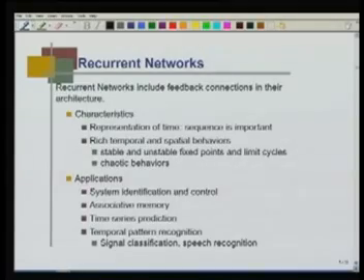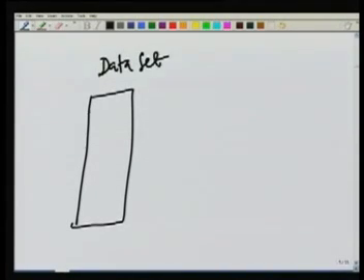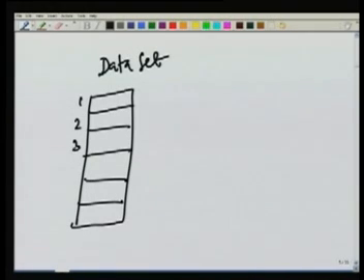Suppose I have a data set, with data 1, 2, 3, 4, 5, 6 stored in a stack, in a sequence.